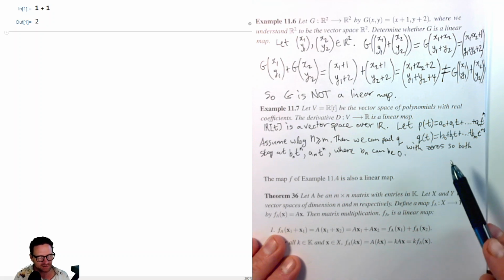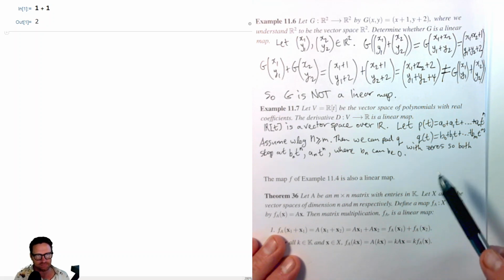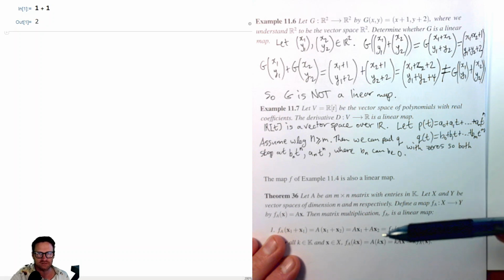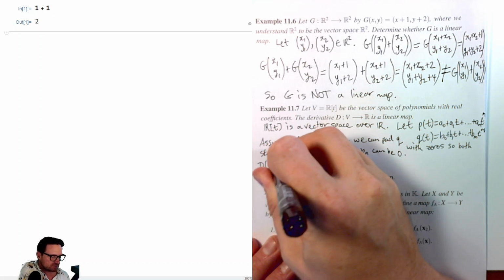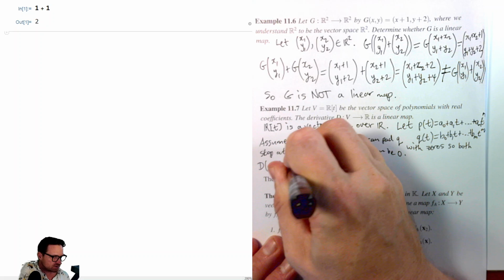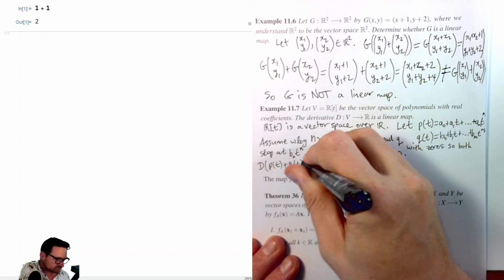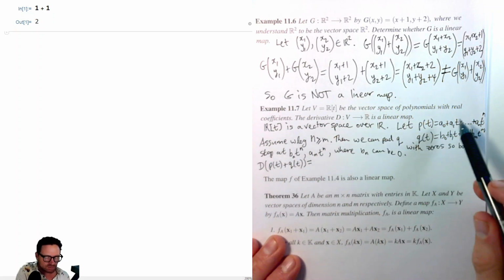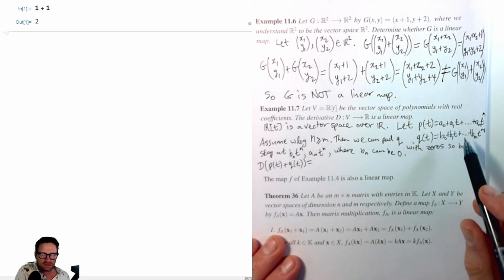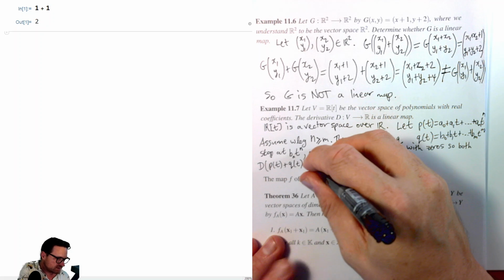We're checking that it satisfies the second condition of a linear map. So d of p of t plus q of t is equal to, now you just sub these two in, you take their sum and then you differentiate.